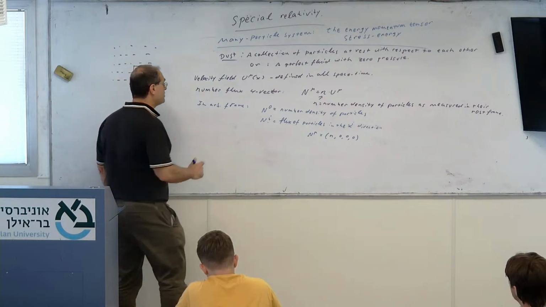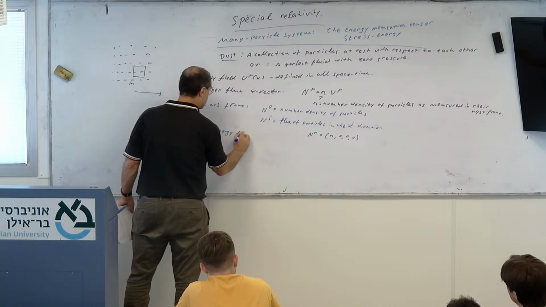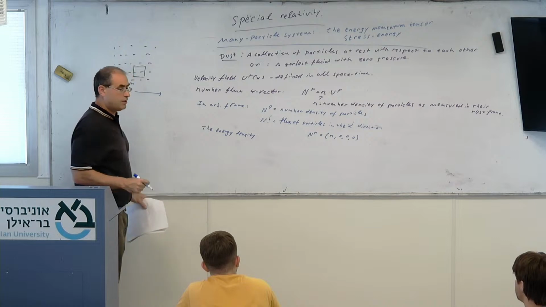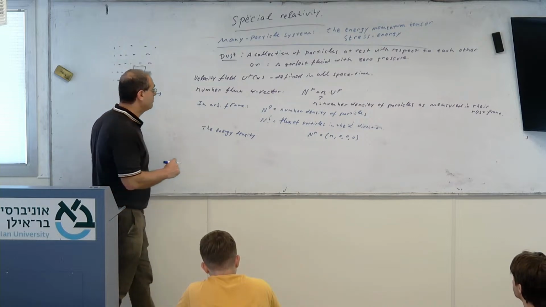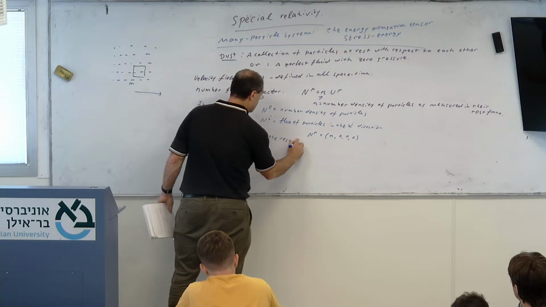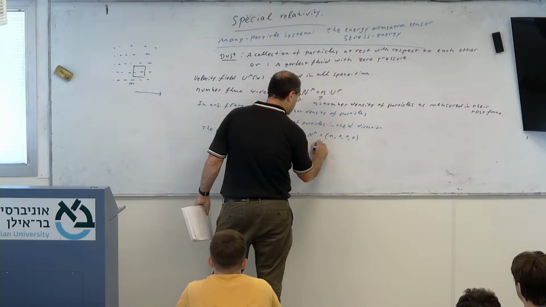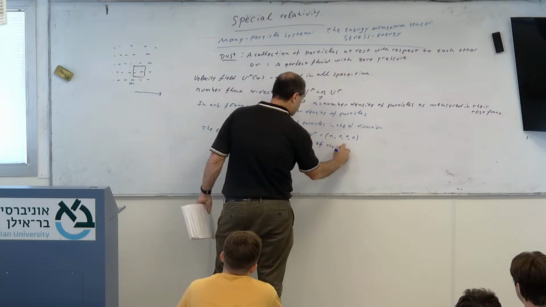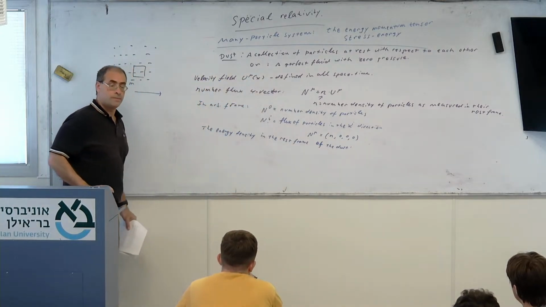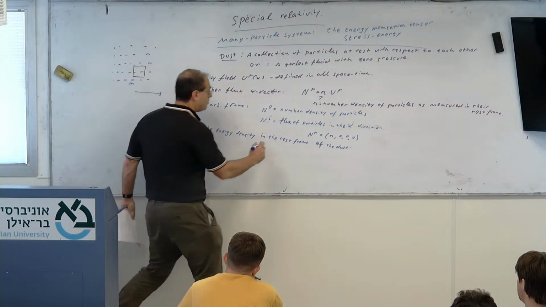So what is the energy density in the rest frame of the dust? This I denote by rho.